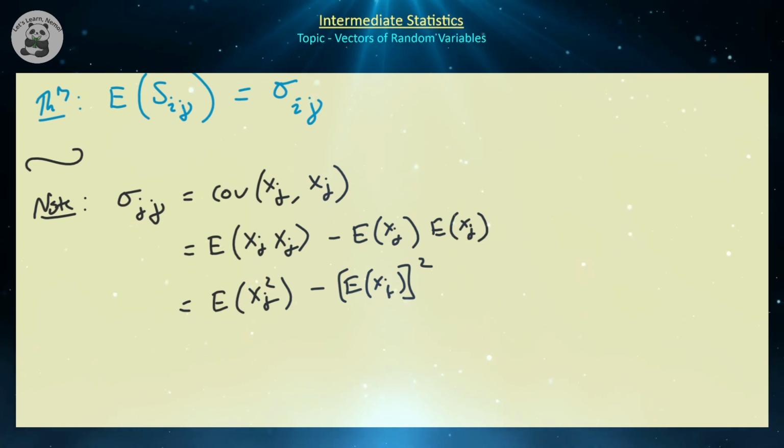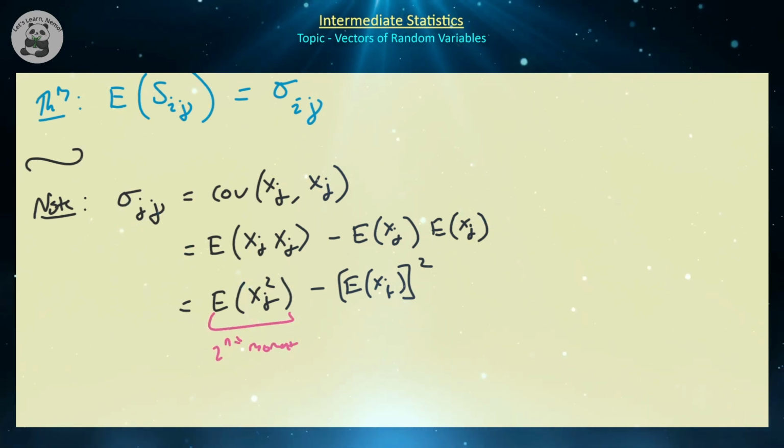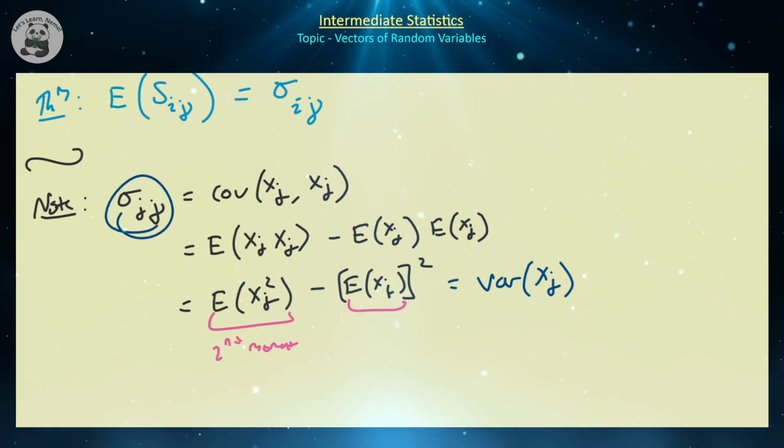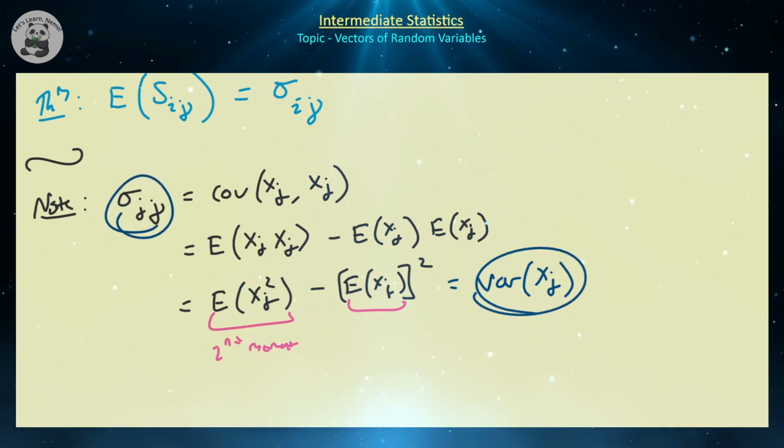And you should note that this term is just going to be the second moment of variable xj, and that's the first moment squared of the variable xj. And you should remember from basic statistics that this is just another way of writing the variance of xj, and therefore that symbol is just another way of writing the variance of that particular random variable.